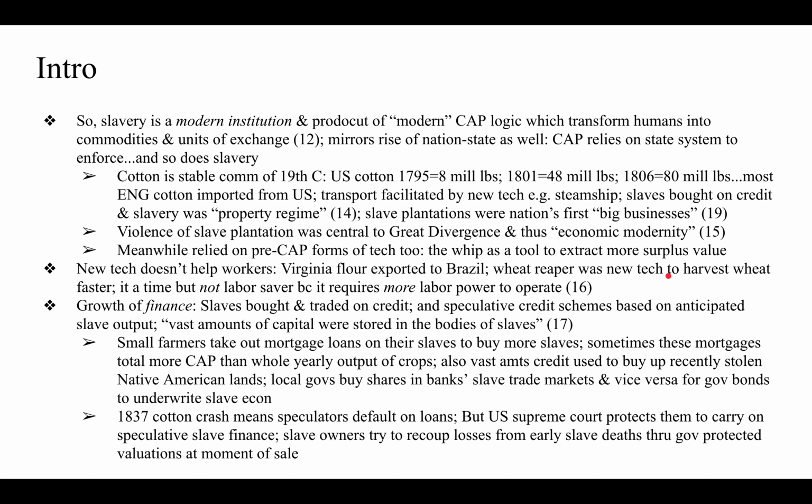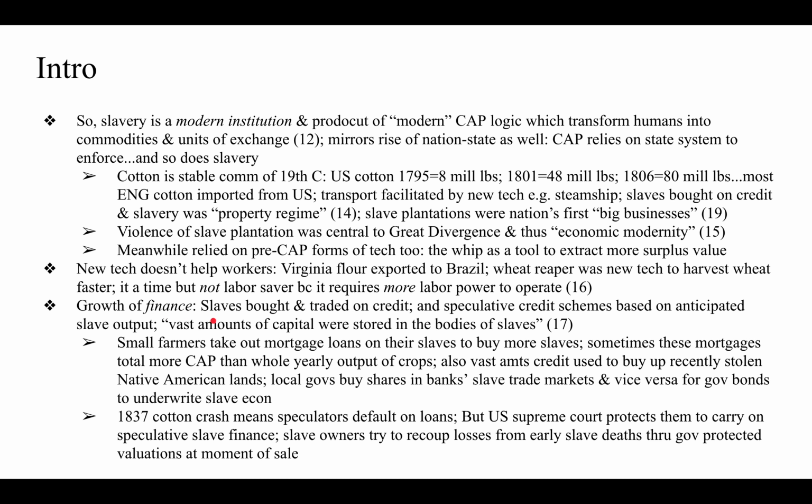The point of the wheat reaper was that it took more labor to operate, but you could harvest more faster. Okay, so it didn't help workers in any way. It's not a labor saver, but a time saver. It required more labor power to operate. So this is illustrative of capitalist technology, right?